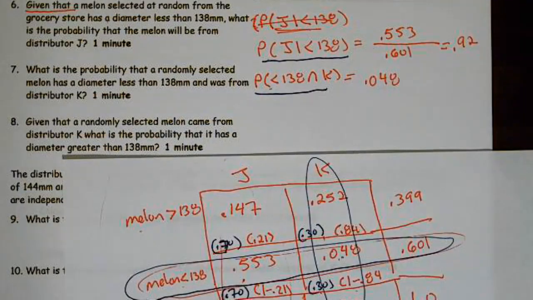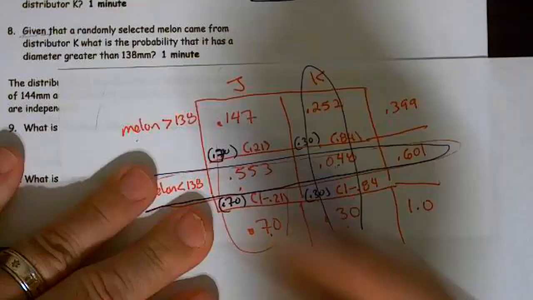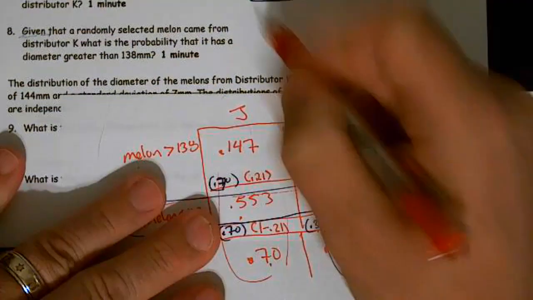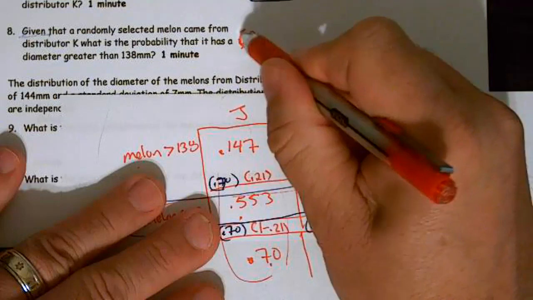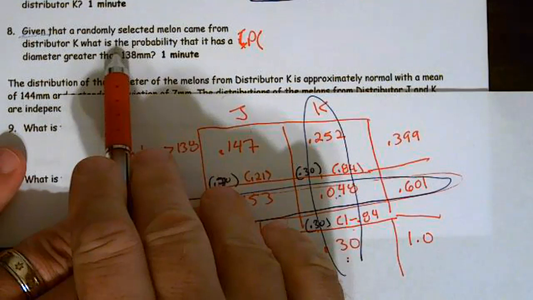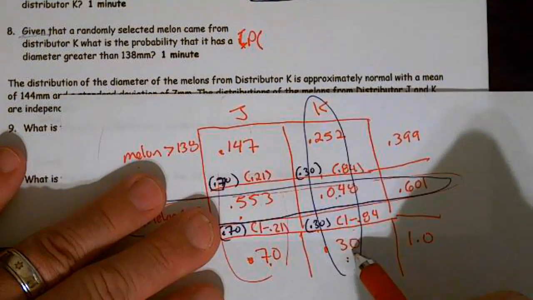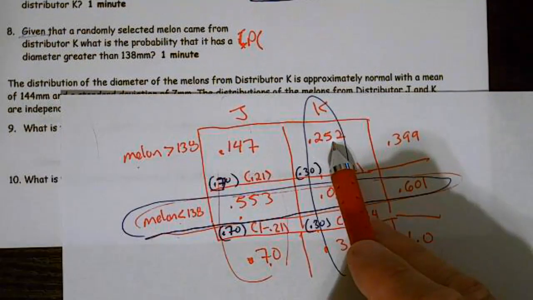Given that a randomly selected melon came from distributor K, what's the probability it has a diameter greater than 138? All right, notice we have a given here. We're given that it came from K, so K will be my denominator, and greater than 138 is up here.